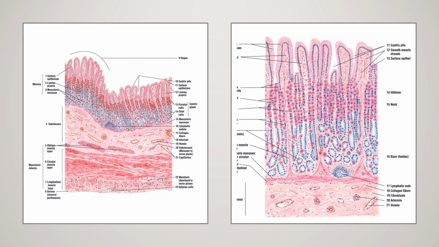Now if you come down, you are able to make out your muscularis mucosa. This entire part of the slide is mucosa only. Note that up to this. This is the surface epithelium. This is the gastric pit.